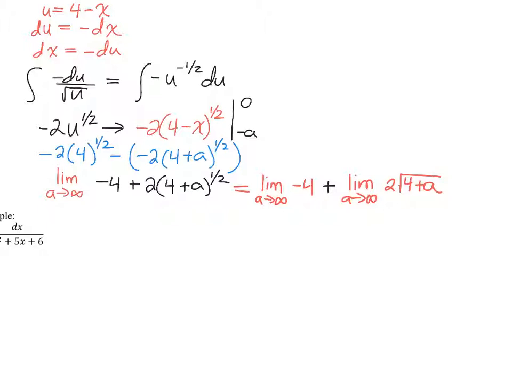So the limit of a constant is always a constant. So I get a -4 here, but that's not the part we're concerned about. It never was. It's this part.